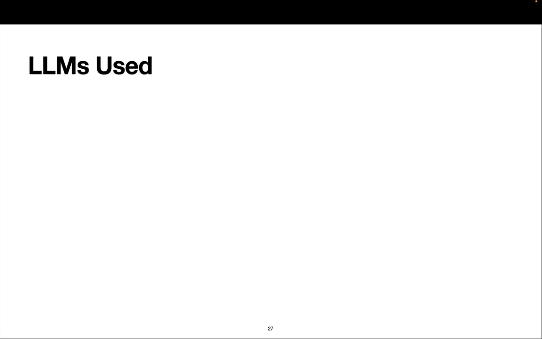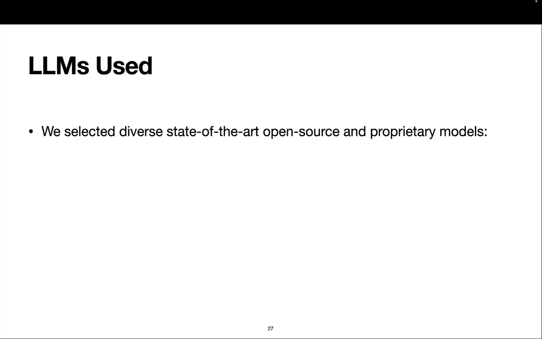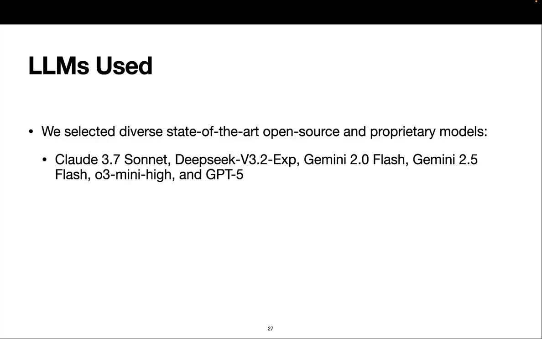For LLMs, we selected a diverse range of state-of-the-art models, including open source ones and proprietary ones. This includes Claude 3.7 Sonnet, DeepSeek 3.2 EXP, Gemini 2.0 Flash, Gemini 2.5 Flash, O3 Mini High, and GPT-5.